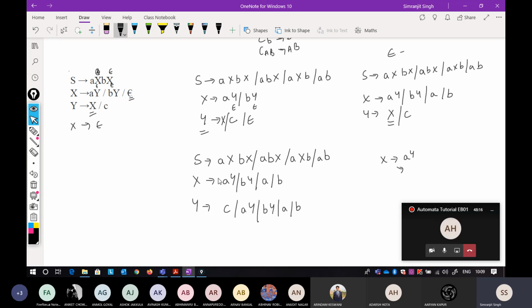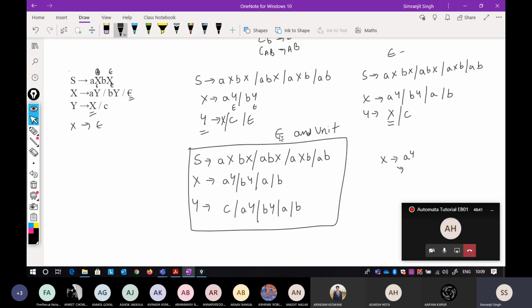There is no point in including other things, because we are getting rid of X. So in place of X you put all the productions, and in those productions there is no unit production, so you can include this totally. Okay, so now this is your answer after getting rid of epsilon as well as unit production.